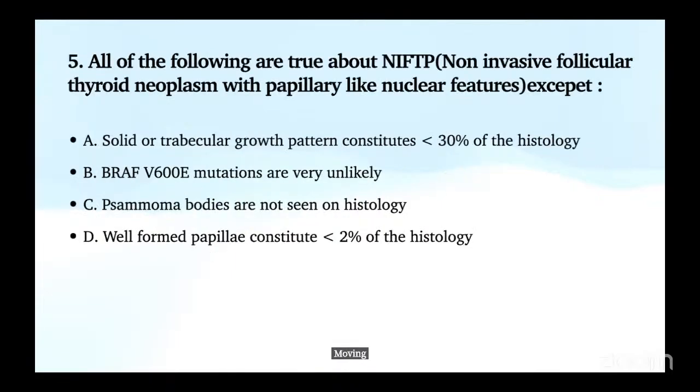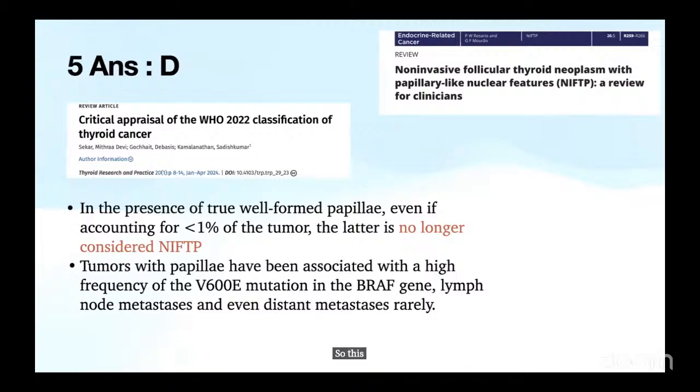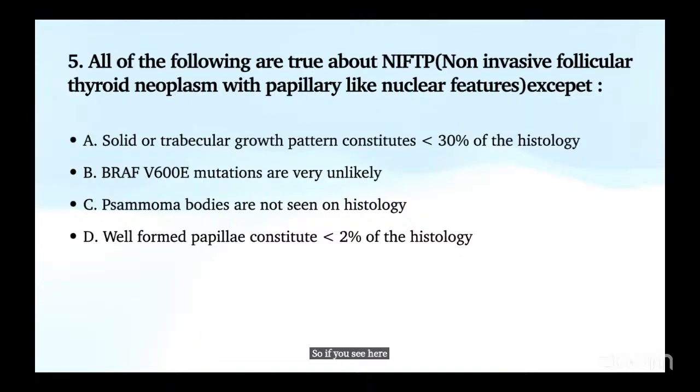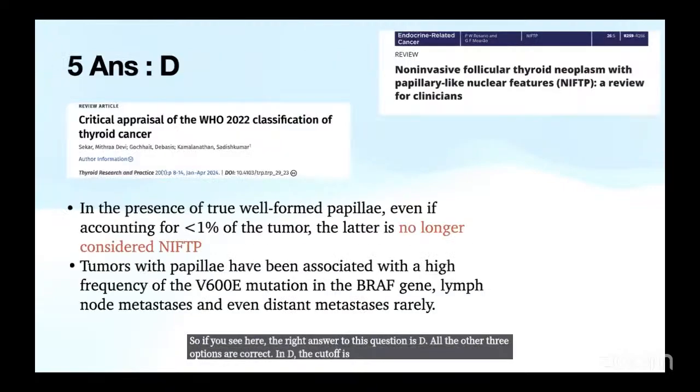Moving on to the next question. This is on non-invasive follicular thyroid neoplasm with papillary-like nuclear features, which is the wrong statement in this. There is again a review article on the WHO 2022 classification of thyroid cancer in the latest edition of Thyroid Research and Practice Journal. The right answer to this question is D. All the other three options are correct. In D, the cutoff is 1% of the histology, not 2%.